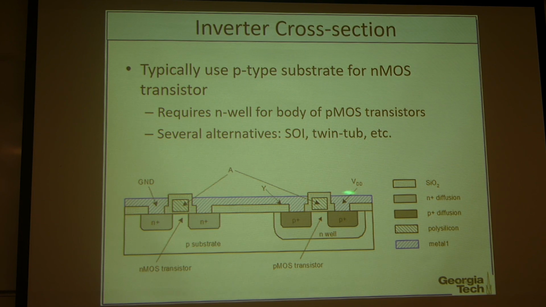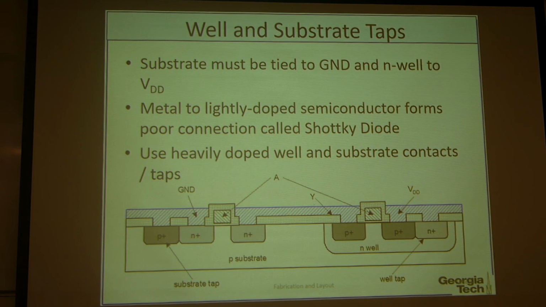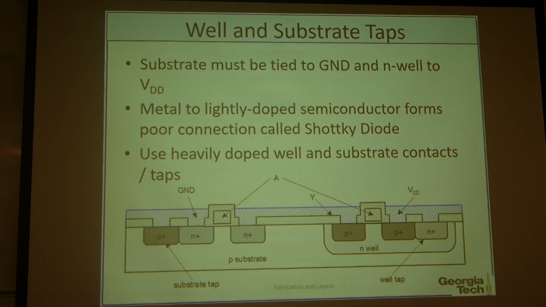So to control the P-type channel, we need to have an N-well here. And there are several alternatives like silicon on insulator wafers or twin tub structures. For the inverter to actually operate, we need to know how the electrodes are tied in the silicon surfaces.